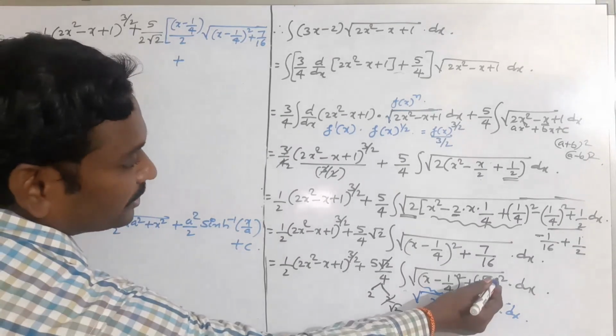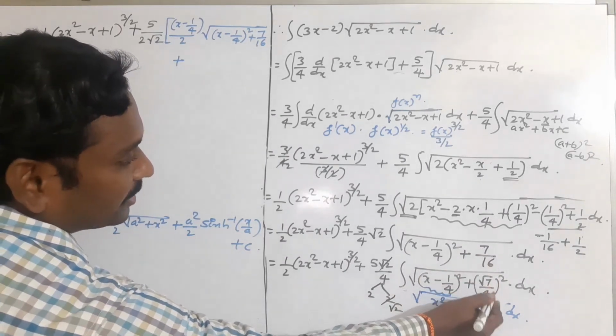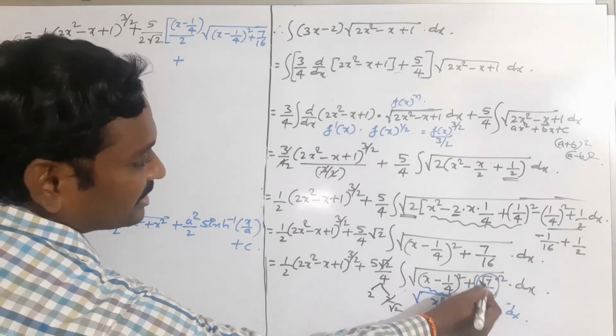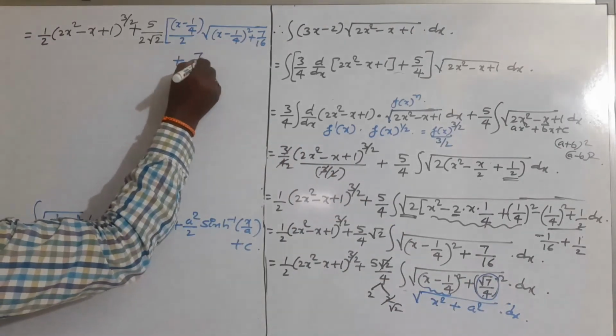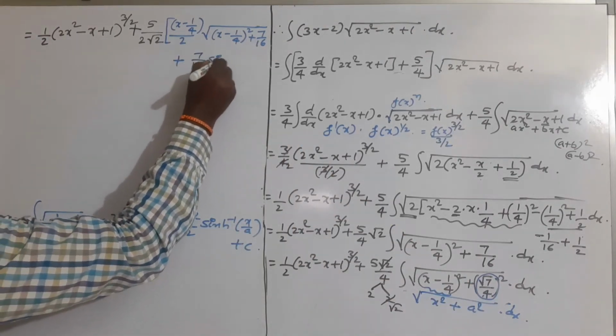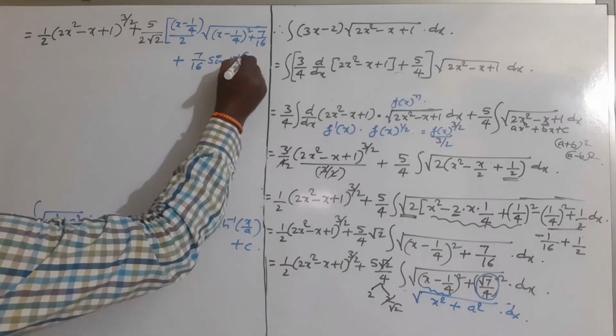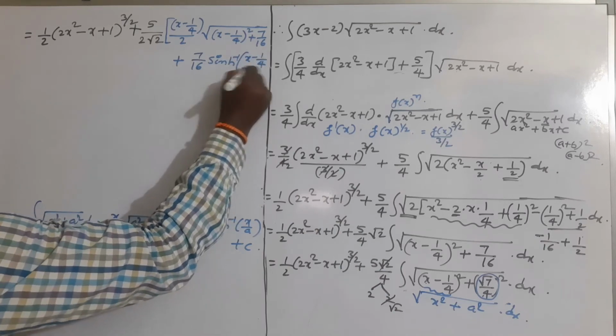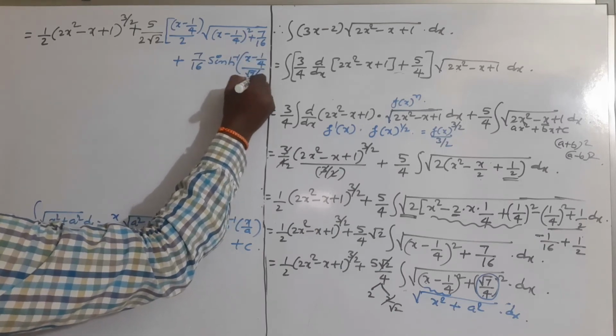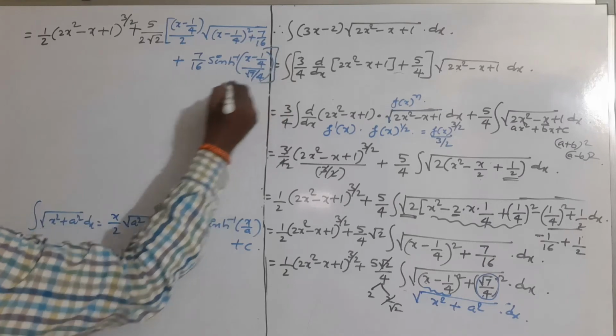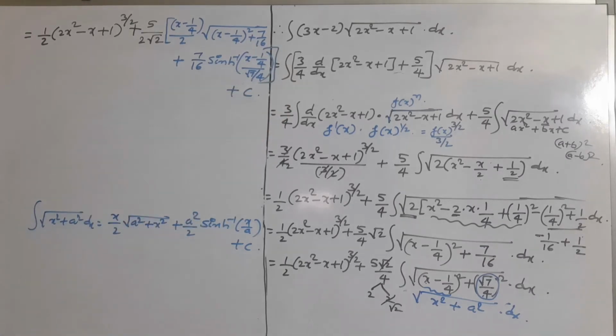What is the a square value here? 7 by 16. Okay, a square means 7 by 16. 7 by 16 of sinh inverse of x by a. What is the x value again here? (x minus 1 by 4) by root 7 by 4. Integration is completed. That's why add the constant c.